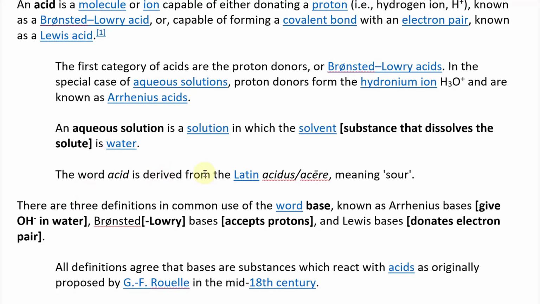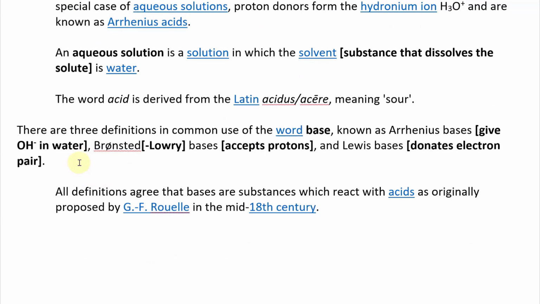The word acid is derived from the Latin acidus or acere, meaning sour. So in aqueous solutions, where the solvent is water, proton donors form the hydronium ion H3O+. You can determine it's an acid if this is being formed.